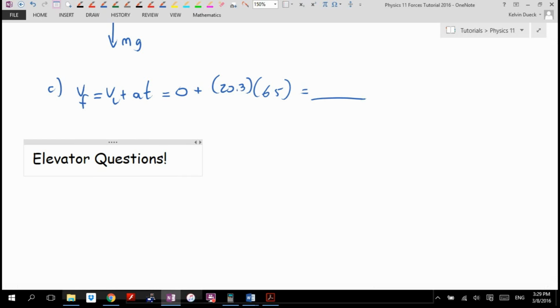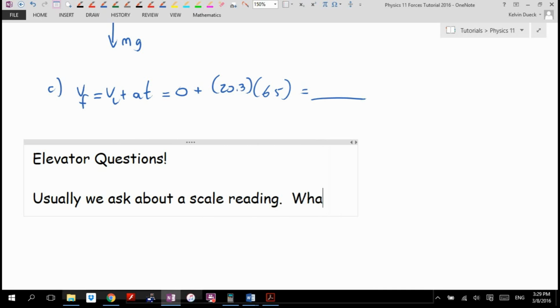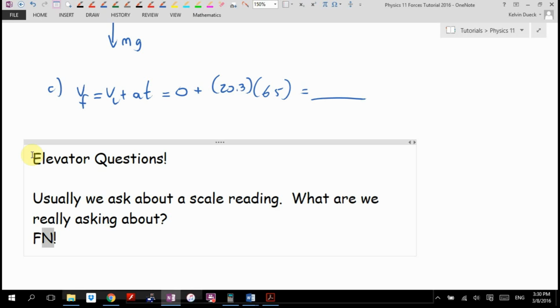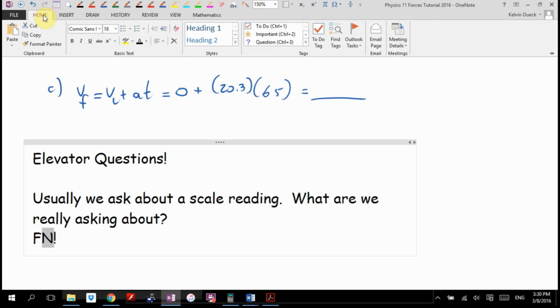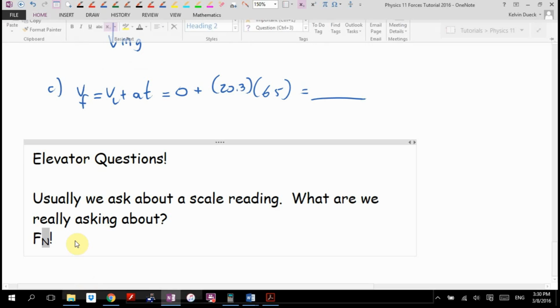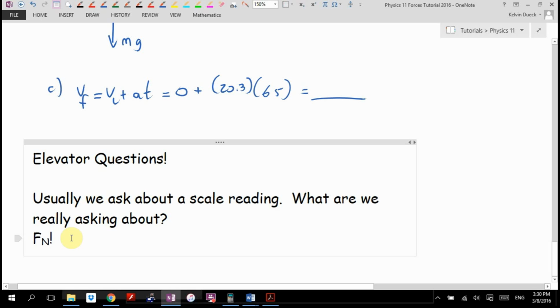Elevator questions. Usually we ask about a scale reading. What are we really asking about? FN, right?